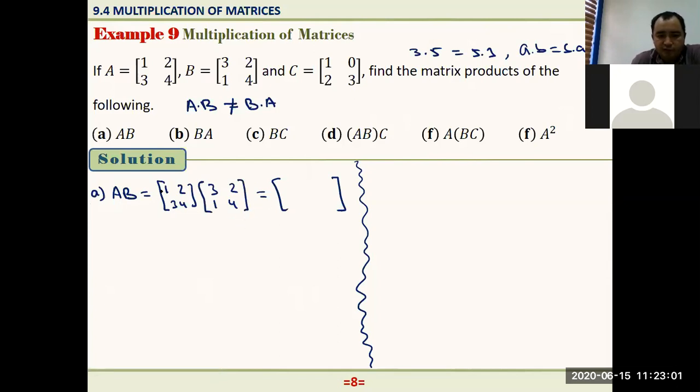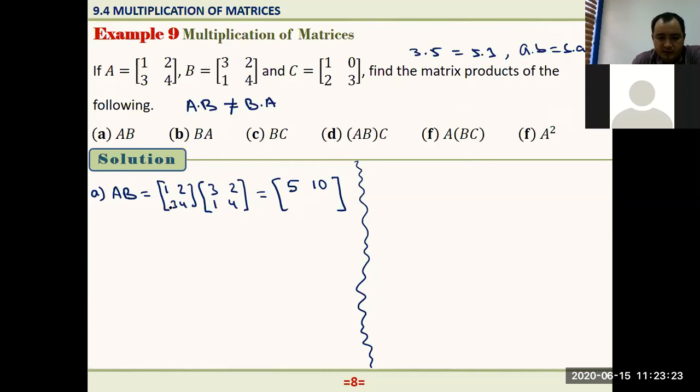First row by the first column: 1 times 3, 3, 2 times 1, 2, the sum is 5. First row by the second column: 1 times 2, 2, 2 times 4, 8, the sum is 10.